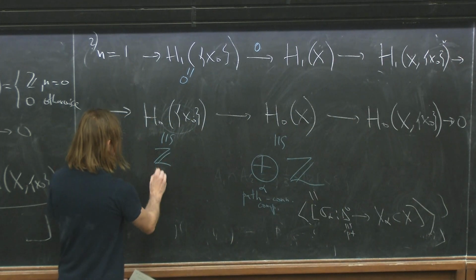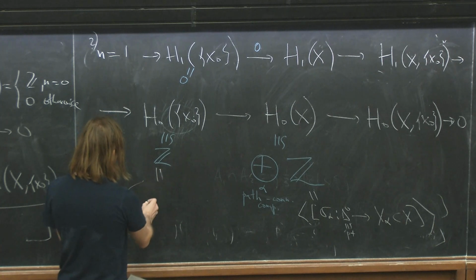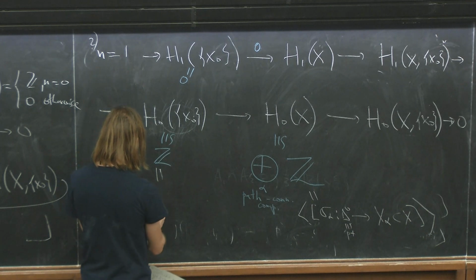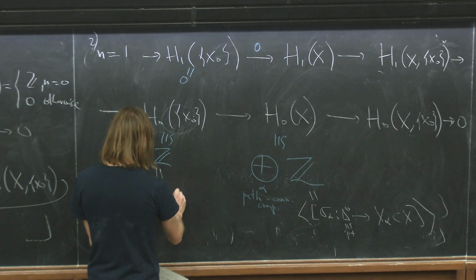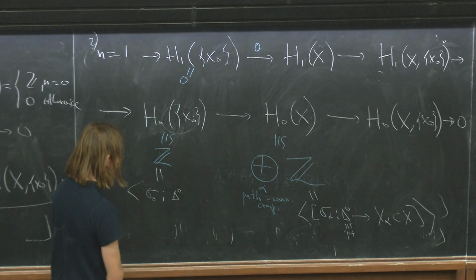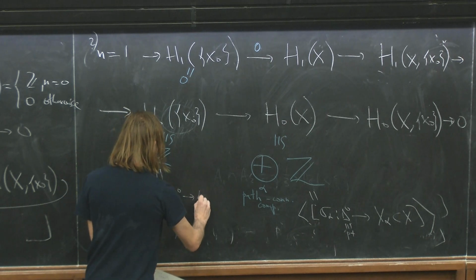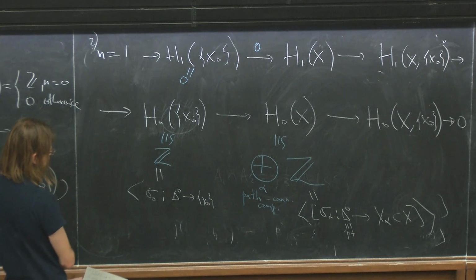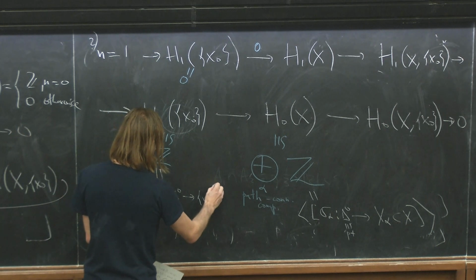And here, similarly, it's generated by some sigma 0. There is only one map from a one-point space to a one-point space.